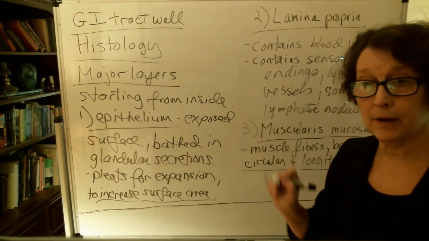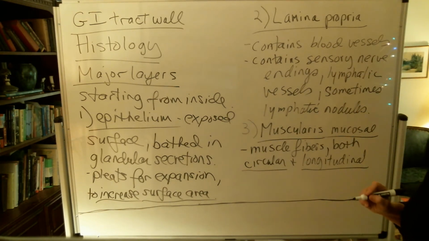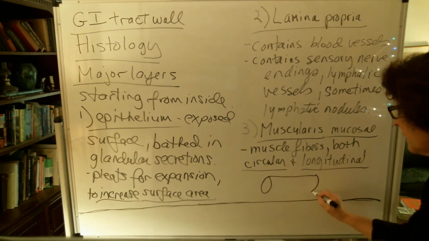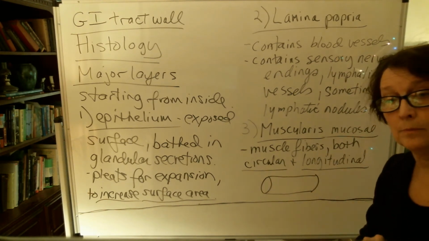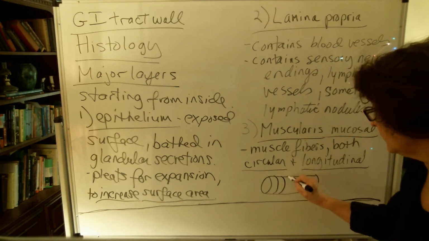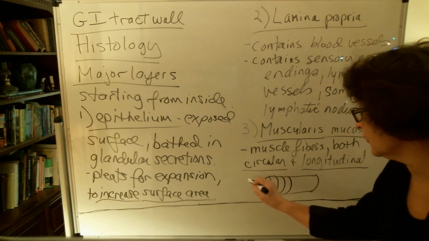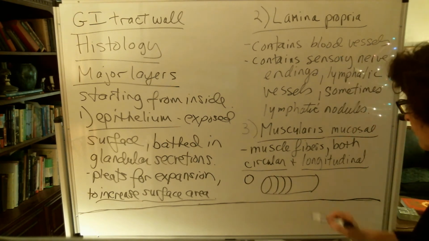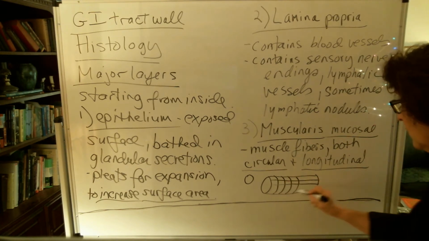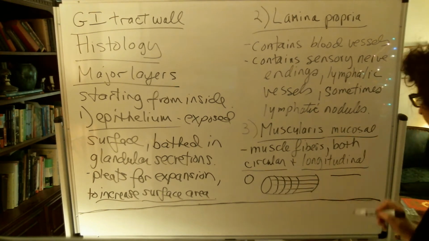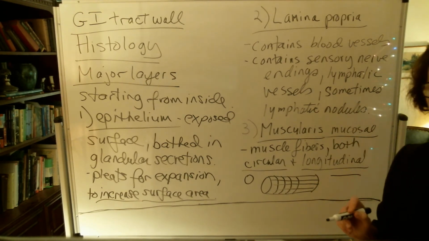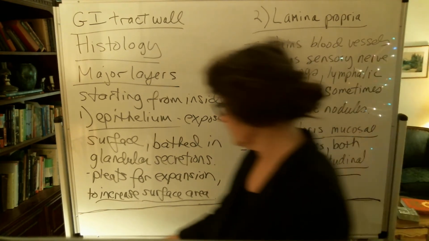What do I mean by both circular and longitudinal muscle fibers? I mean that if you have a tube, here's a tube, circular muscle fibers will go around the tube like that. So circular muscle fibers are actually making up circles, and longitudinal fibers will go along the length of the tube. So we have both circular and longitudinal muscle fibers here.